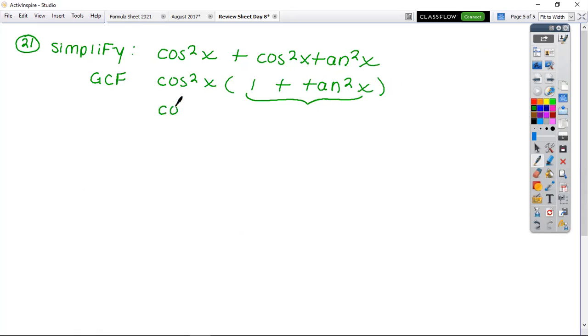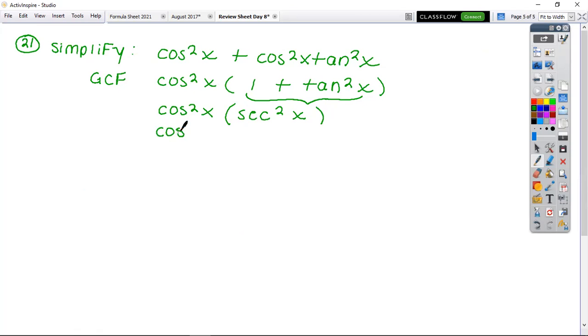So that gets the identity subbed in for it. So I have cos squared x, and then I have secant squared x. You're getting there. You're going to look at these and say, is there anything else we can do now? Do we know anything about secant? 1 over cosine, good.